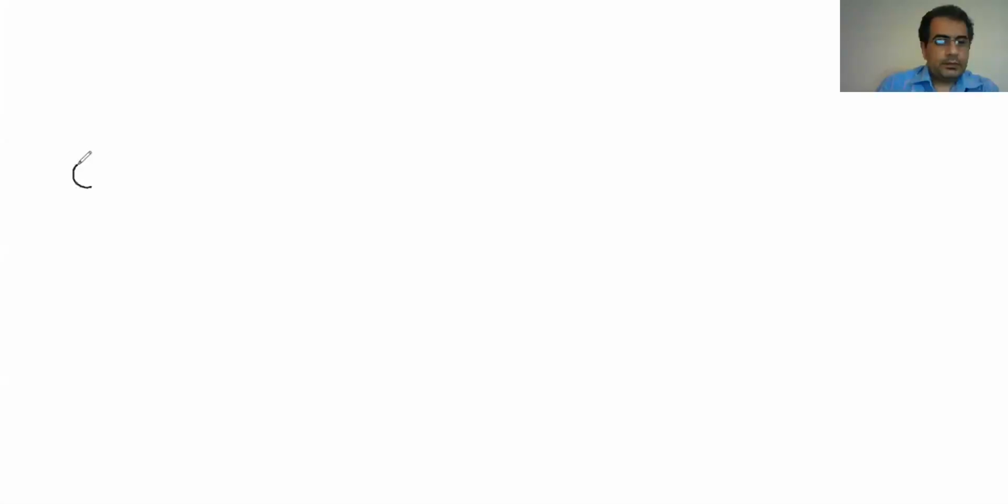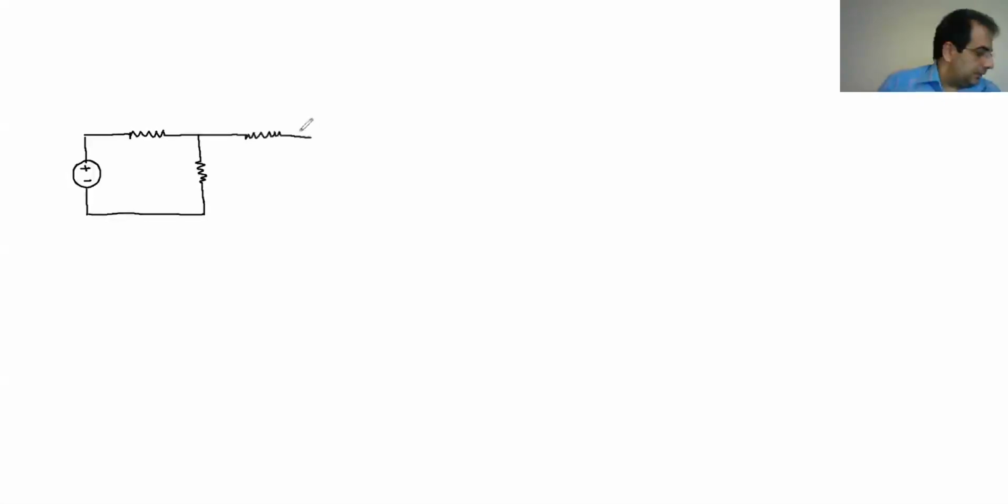Assume I have a voltage source here, then a resistance, another resistance here, then a resistance here, and a voltage source here.